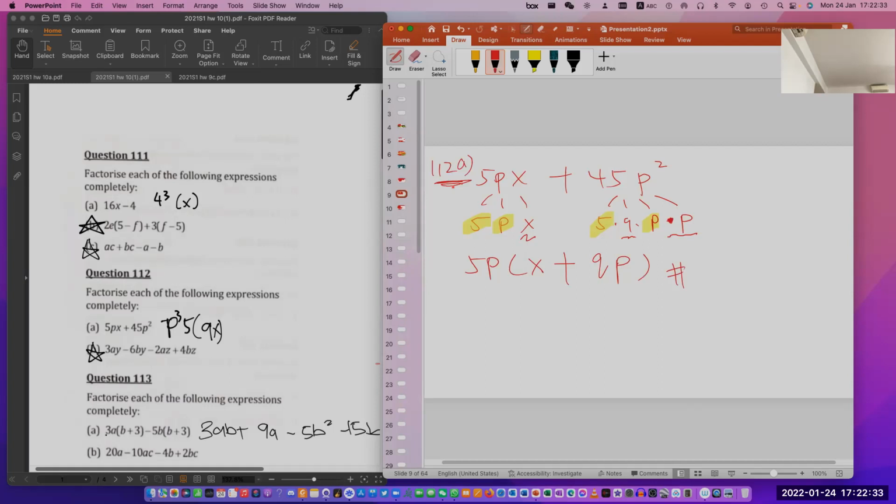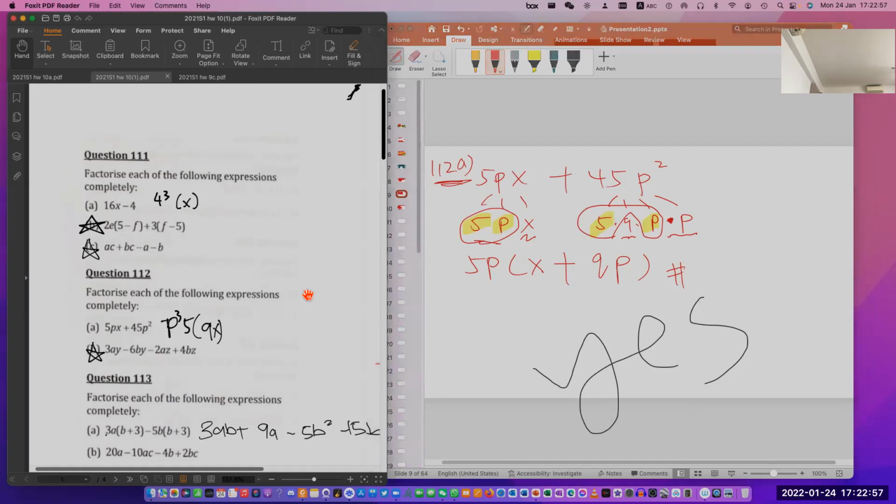Okay, to factorize, you have to take out common factors. Once you have taken out the common factors, you just write down what is left. So are you clear? Are you clear by now? Okay, so you say yes.